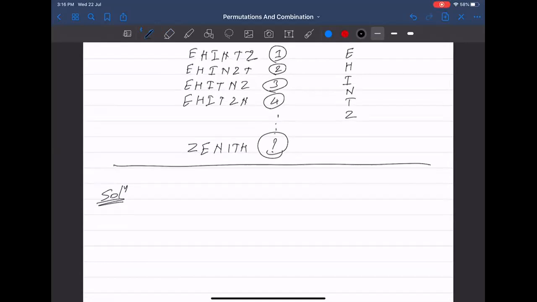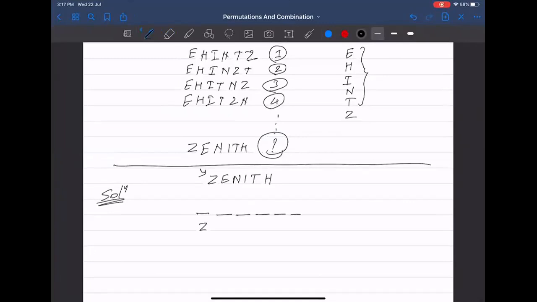Okay, so let's see. चलो जेनिथ के पहले कितने वर्ड्स फॉर श्योर चले गए, जिसके स्टार्टिंग में Z नहीं है. So before the first word of Z, first word in the rank, उसके पहले कौन कौन से वर्ड्स श्योर चले गए हैं.